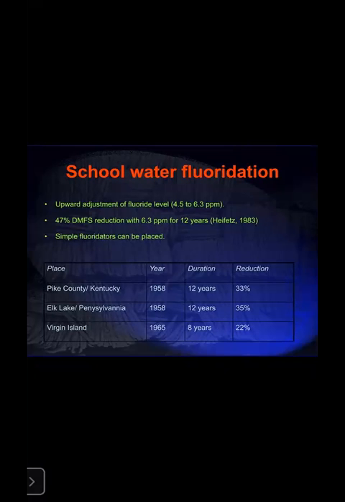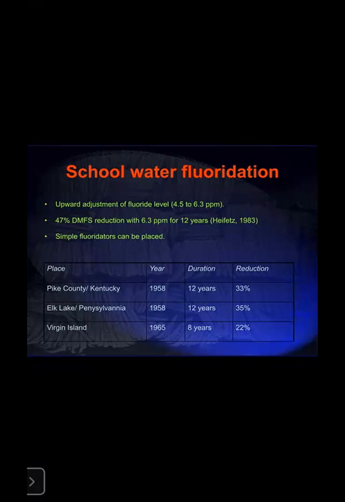Correct? So the amount of water consumption during the school day will be very less. Therefore, they added 4.5 to 6.3 ppm of fluoride. Correct? Now, after a 12 year study by Heflef, a 47% reduction was seen in dental caries.